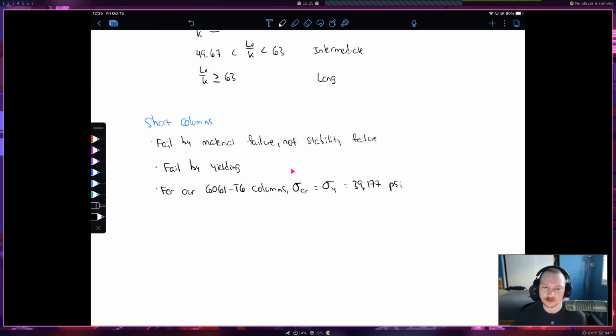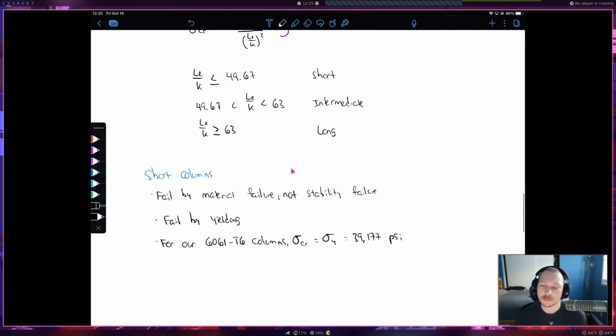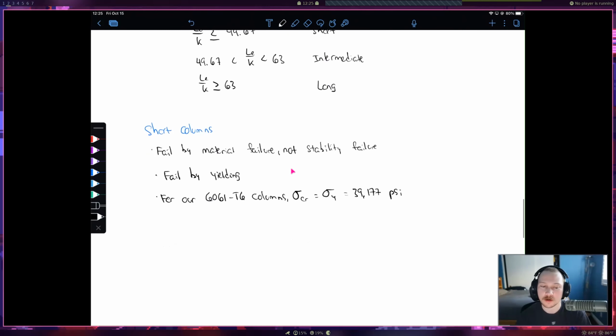But here, we're just saying that no matter the actual physical length of the column, if it's classified as a short column, it fails at this constant value of the yield stress. So it's kind of not great in that way.